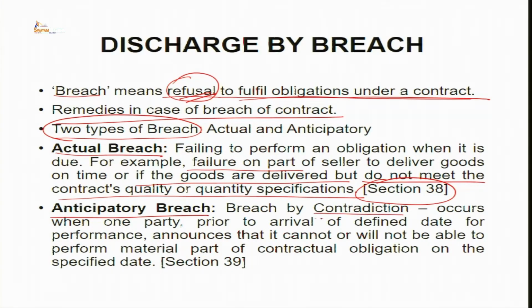Anticipatory breach is also known as breach by repudiation. Say for example the two parties have decided that I will perform my obligation under the contract exactly one month from today, and one week from today I tell you that I would not be in a position to fulfill my obligation as decided under the contract.